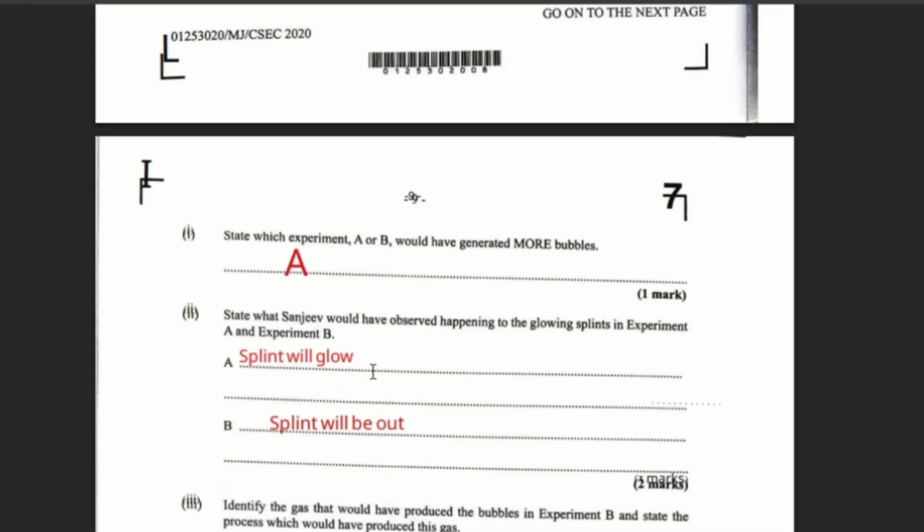Now when Sanjay takes out the test tube and puts the splint in there, the splint would glow, it would kind of catch fire, right? So that is what would happen. The splint will glow. And then in B, when the splint goes in there, the splint would not have any fire, would not have any glow basically, right? And then we're going to explain why.